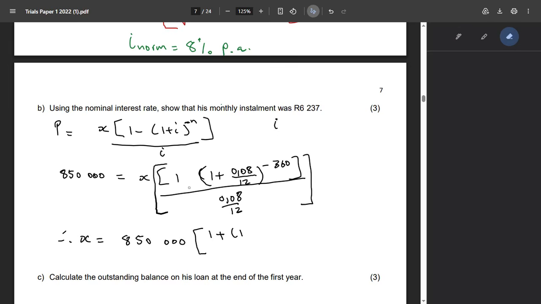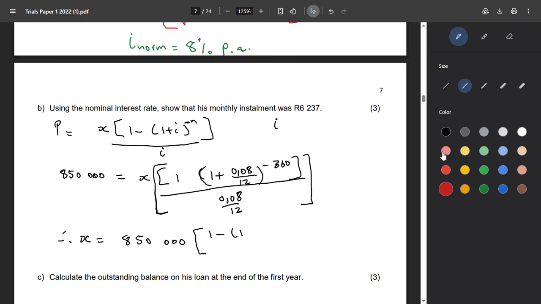There should be a negative here, negative 1. The plus is inside the bracket. So this will be 0.08 compounded monthly, the power negative 360. Everything inside the bracket divided by that 0.08 compounded monthly.